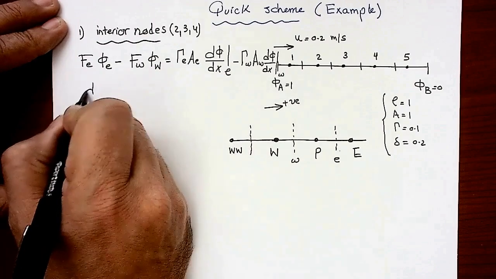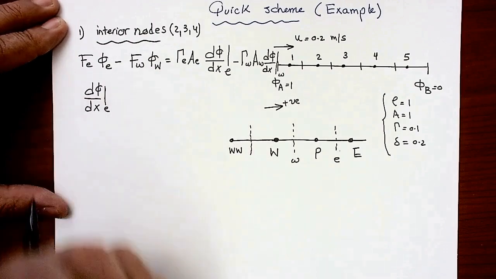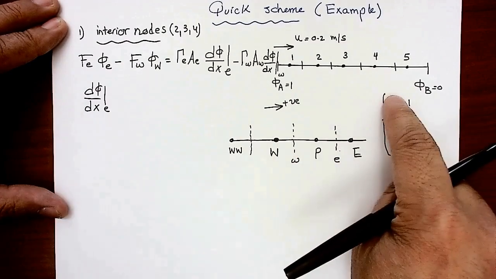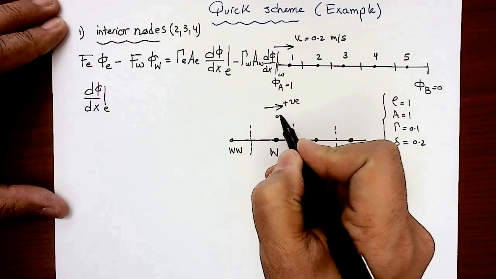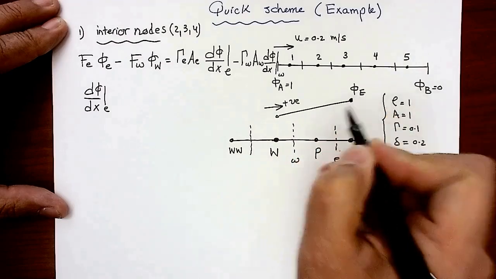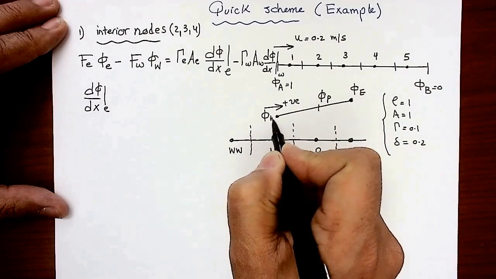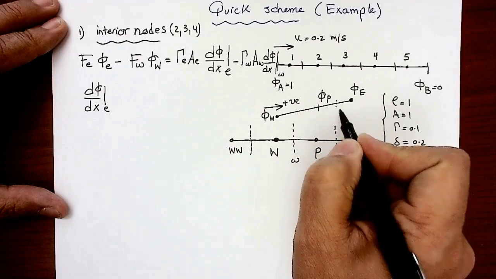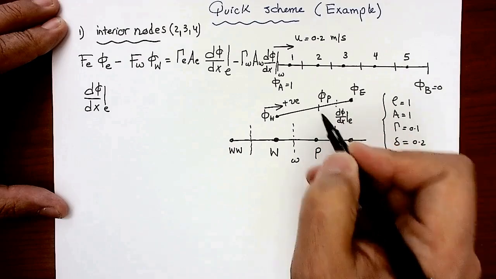So we know that d phi by dx is the diffusion term on the east face. This is where we assume everything is changing linearly, right? So for the diffusion term, this is phi E, this is phi P, and this is phi W. And we are trying to get the value of d phi by dx on that east face, which is the slope of the line.